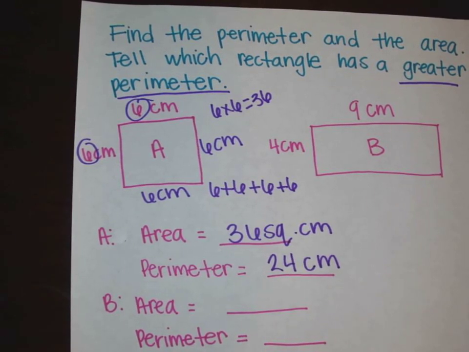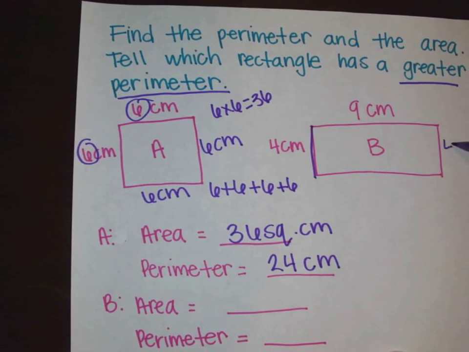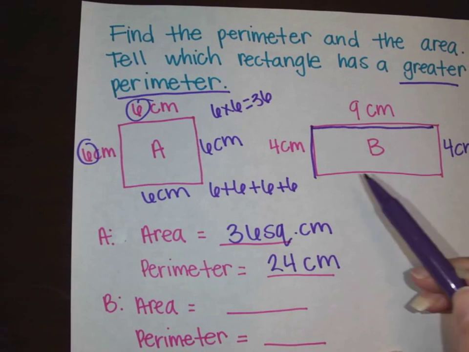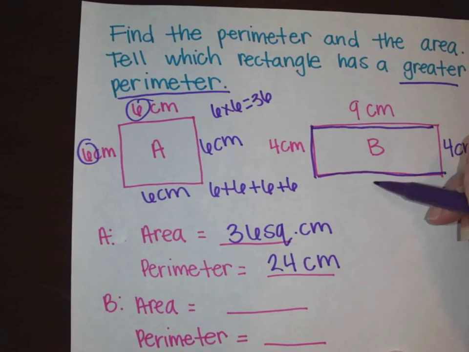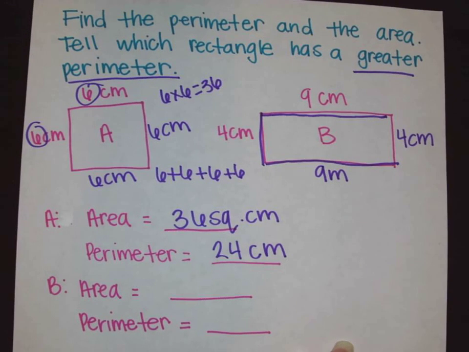Now let's solve for B. Let's find rectangle B's area and perimeter, starting with area. Well, if this side of the rectangle is 4 centimeters, then this side is 4 centimeters. If this side is 9 centimeters, then this side is 9 centimeters. Opposite sides are equal of a rectangle. But we're solving for area, okay? And area is length times width.